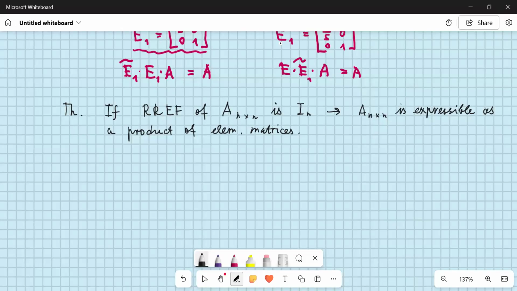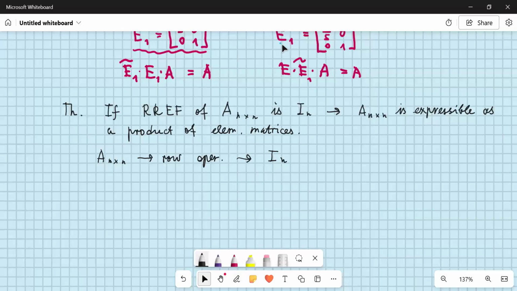Well, what I'm trying to say. It's not really going to be a proof, but something like a verification of how it works. Imagine that you have matrix A_N, you apply some row operations, and you bring it to IN.